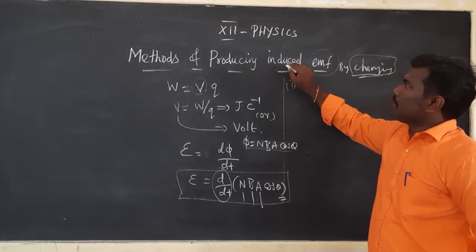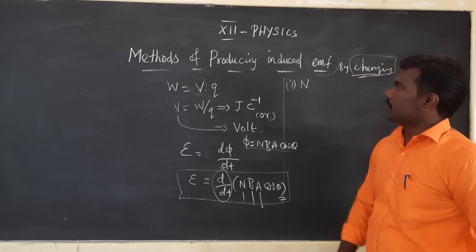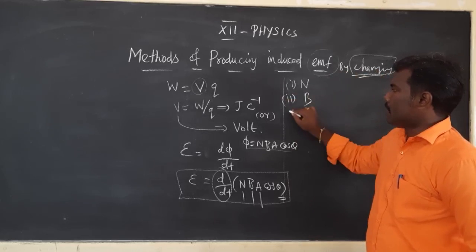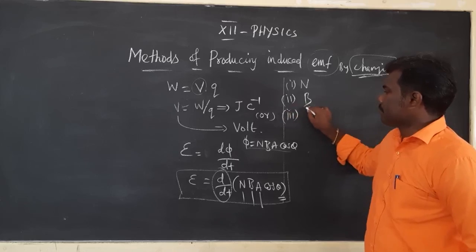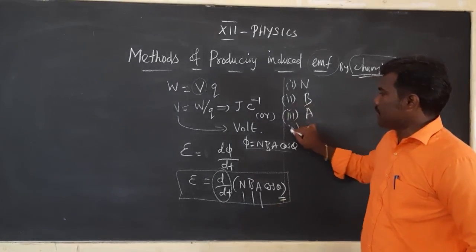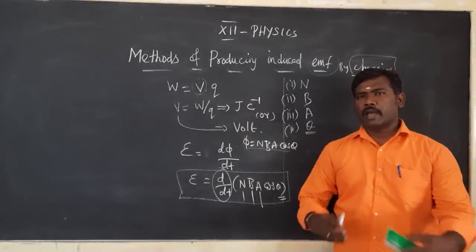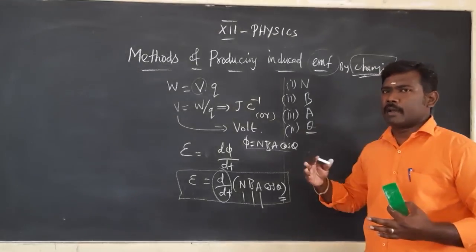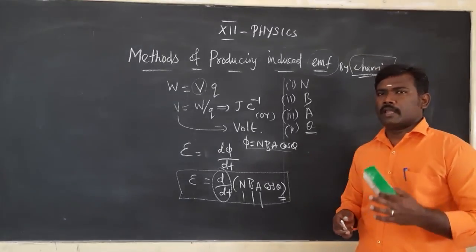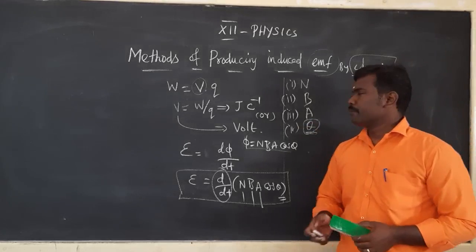So to produce induced EMF, by changing the number of turns, or by changing the magnetic field, or by changing the area enclosed by the coil, or by changing the orientation of the coil, the angle between the coil and the magnetic field. A relative orientation, the angle between the magnetic field and the coil, is called the orientation of the coil.